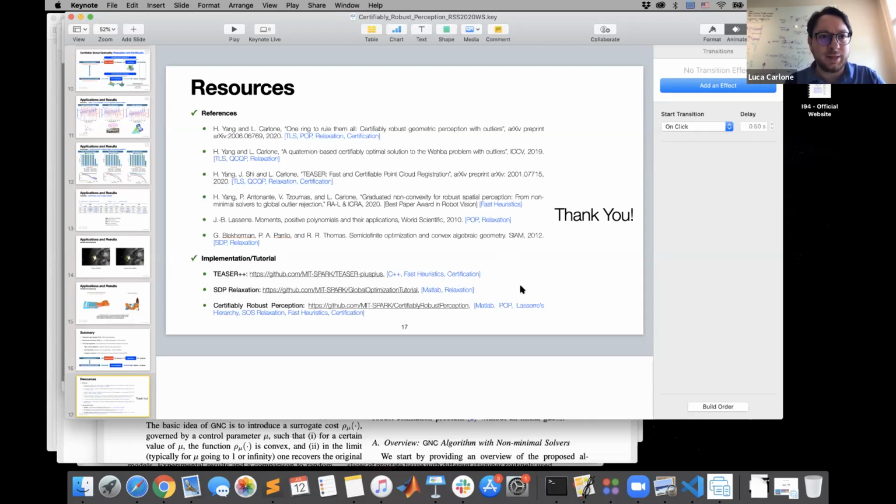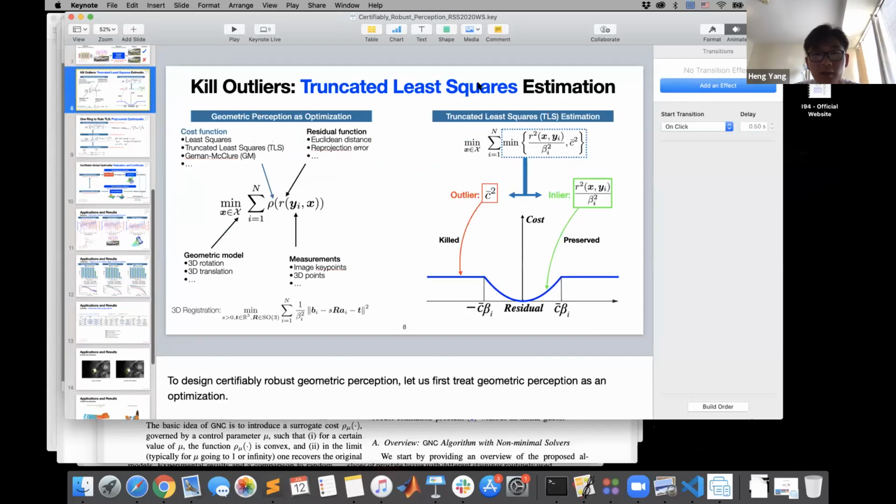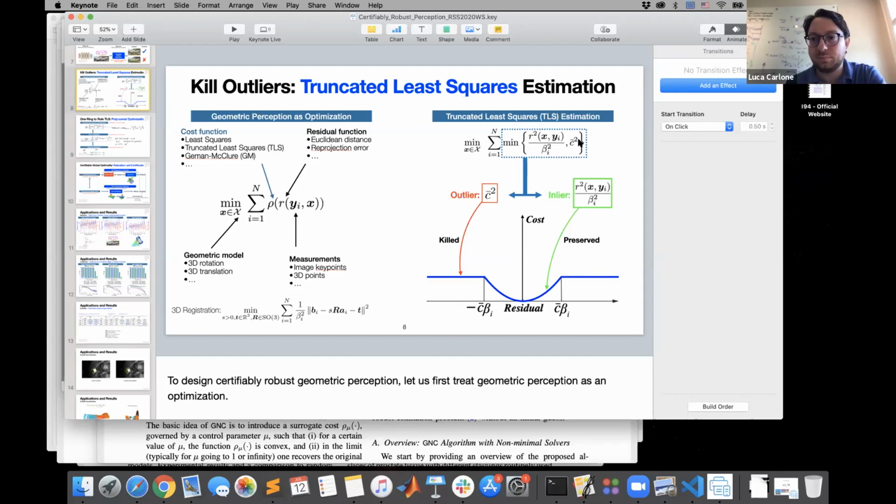So by the way, do we want to say what beta is? Beta here is basically the noise. You can take beta as, for example, the standard deviation of the noise. And then C bar square is basically saying how large of a residual above this standard deviation you will consider an inlier, for example 3 sigma. In one dimension, if the noise is Gaussian, then beyond 3 sigma you will think this is an outlier.